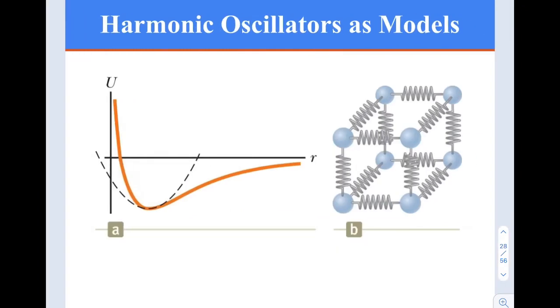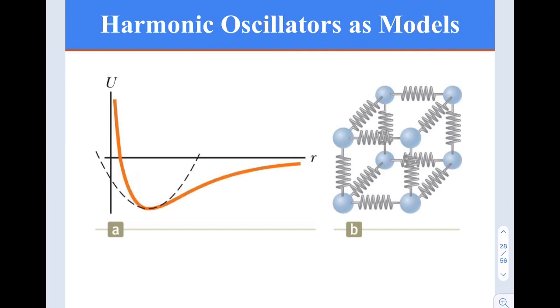Harmonic oscillators as models. So how are scientists able to learn the behavior of a substance, especially solids? If you refer to this graph, the potential energy within the solid structure or matter has almost the same shape as the potential energy here.